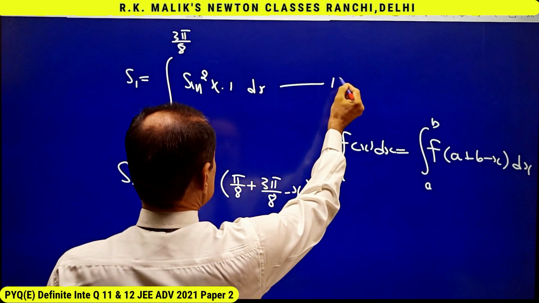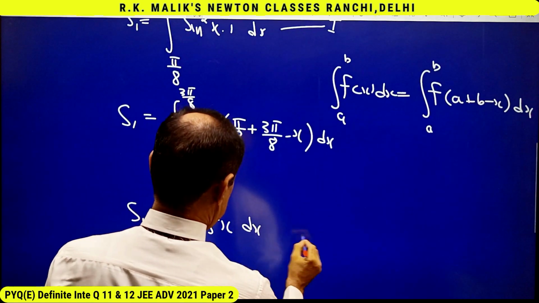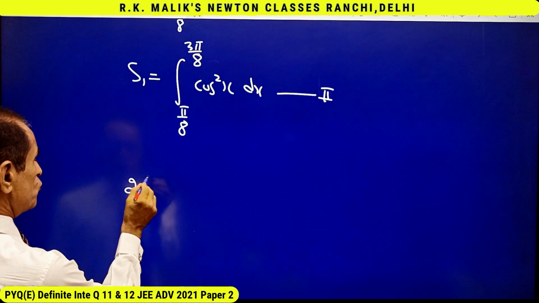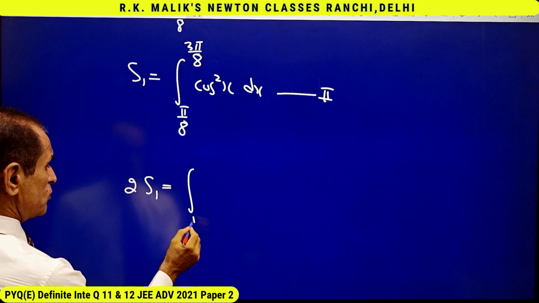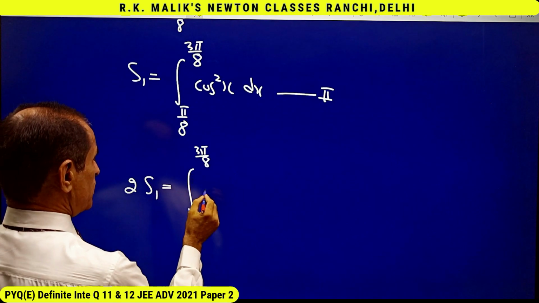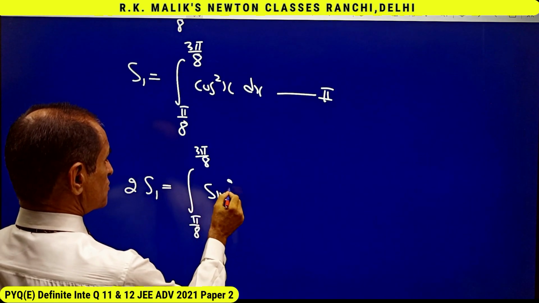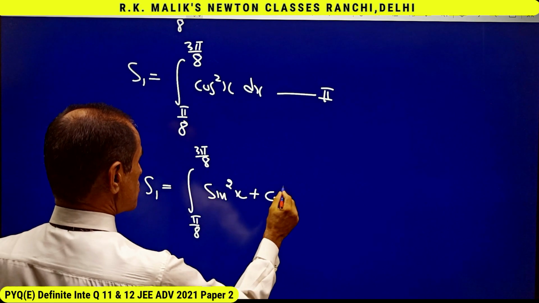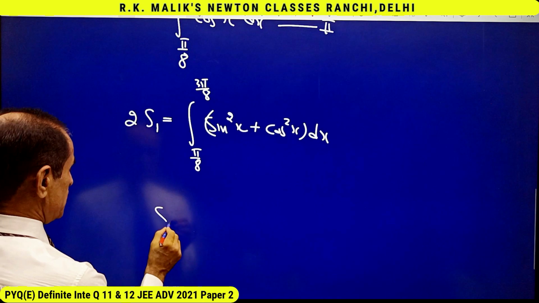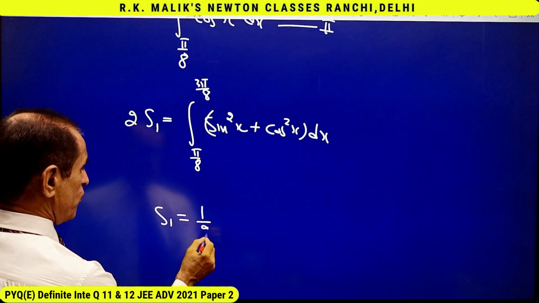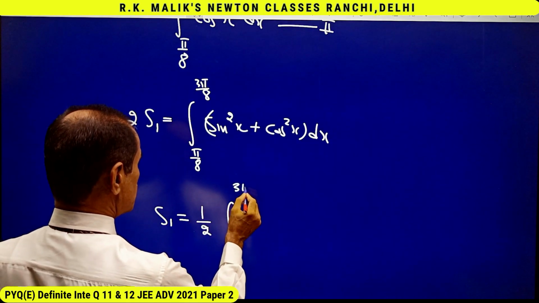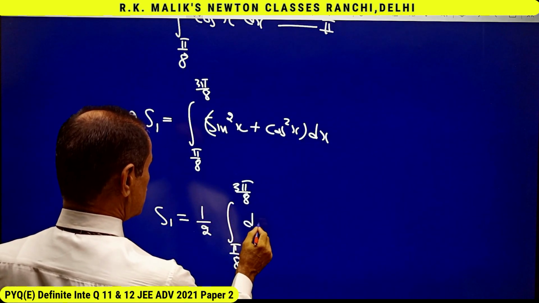Now, adding first and second, I'll get 2 S1 is equal to the integral from pi by 8 to 3 pi by 8 of sin square x plus cos square x dx, which means S1 is equal to 1 by 2 times the integral from pi by 8 to 3 pi by 8 of dx.